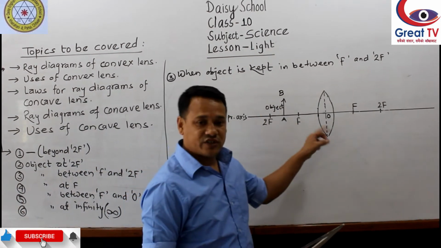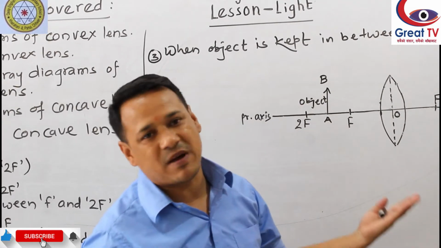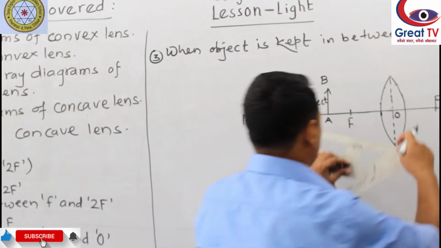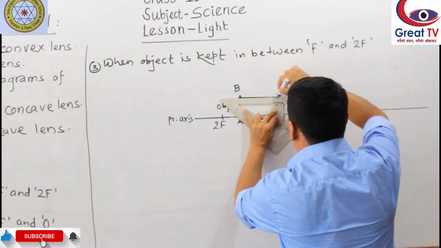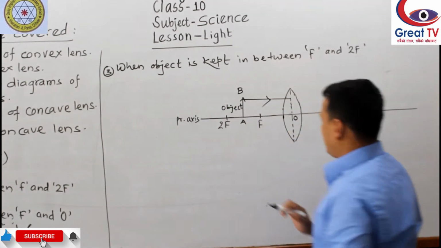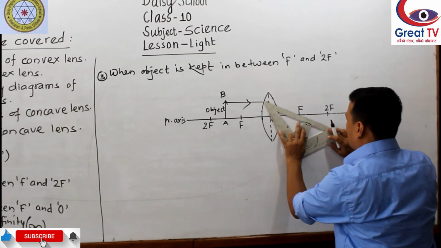Parallel light rays pass through the focus point. Rays of light that pass through the optical center pass without bending. So the same two rules we are going to use. The first rule: a ray of light parallel to the principal axis passes through the focus point.